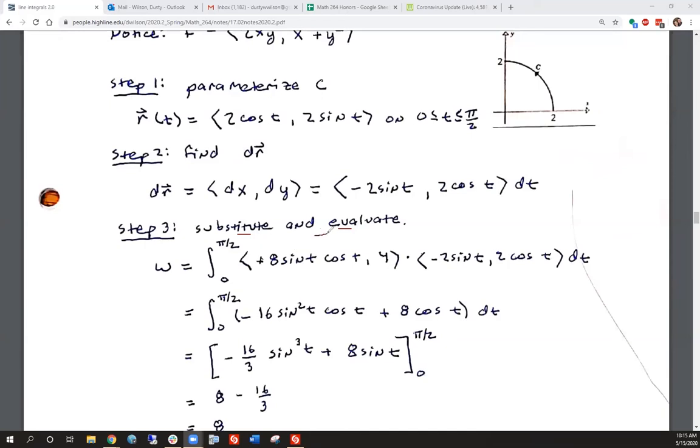And we have our function, but now with all the t's substituted in. And then we're dotting it with all of this stuff, which is our dr. And the rest is a bunch of writing. Questions?